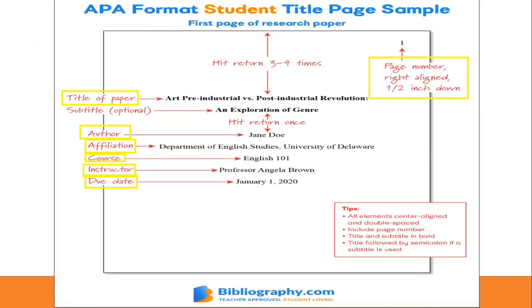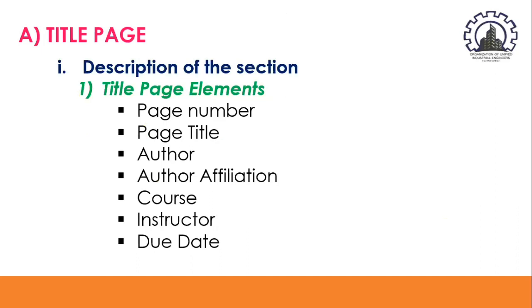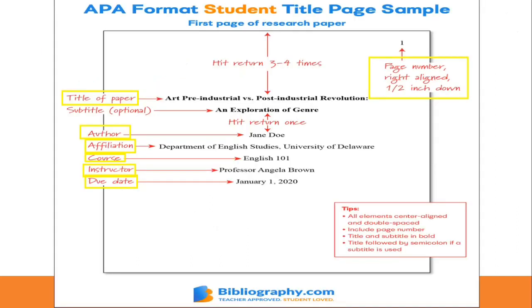Now, let us have an example of how a title page would look like in an APA 7th edition format. Now, as you can see there, it includes page numbers. So as you can see, we have there page number 1, and it's located at the upper right portion of your paper.